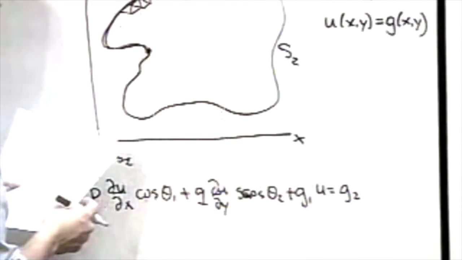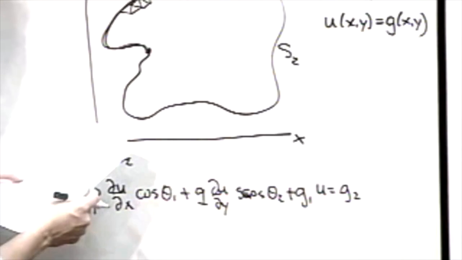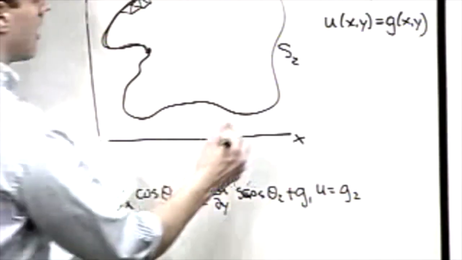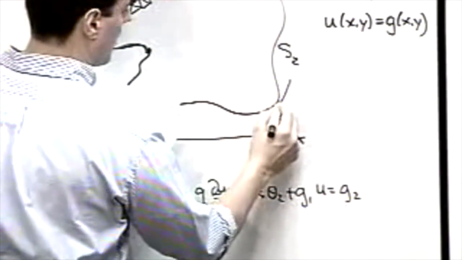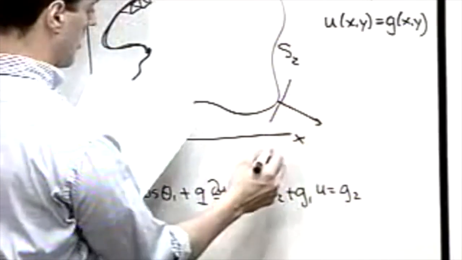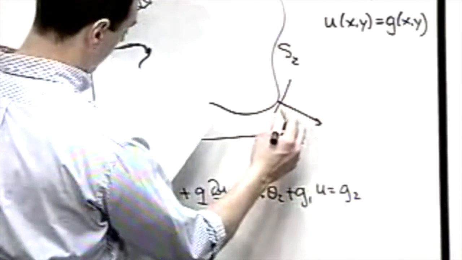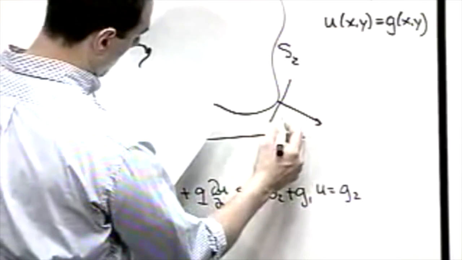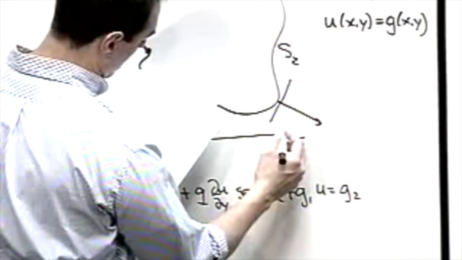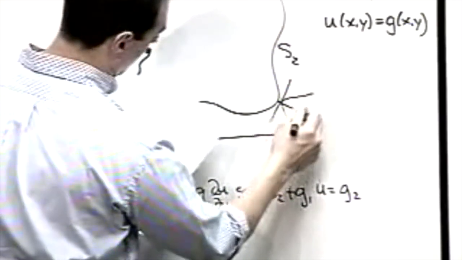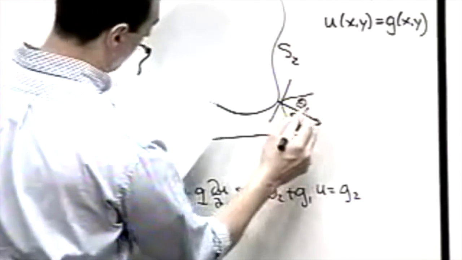G1 and g2 are some specified functions. And this happens on S2, where theta 1 and theta 2 are, if you take a normal projection off this boundary, theta 2 is here, theta 1 is there.